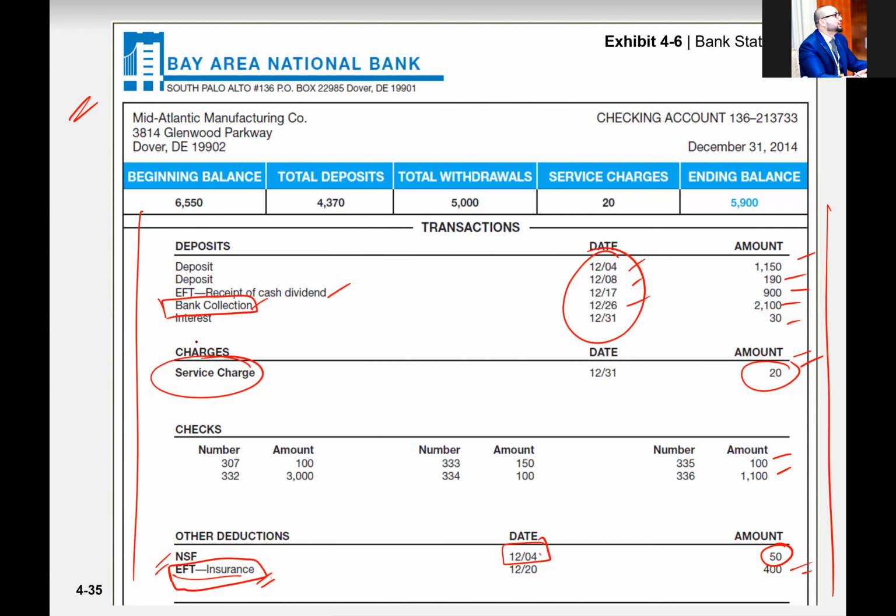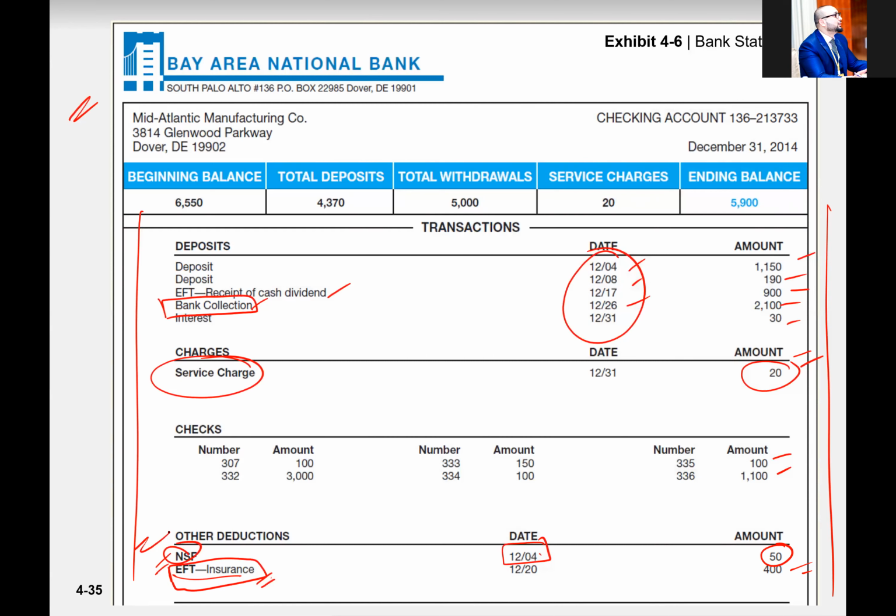The service charges are in the bank statement, but not in the cash book, because we don't know this month how much the bank charged. Plus, we don't know about the non-sufficient funds check or bounced check. We issued the check, the customer went over there, but the check is bounced, right?